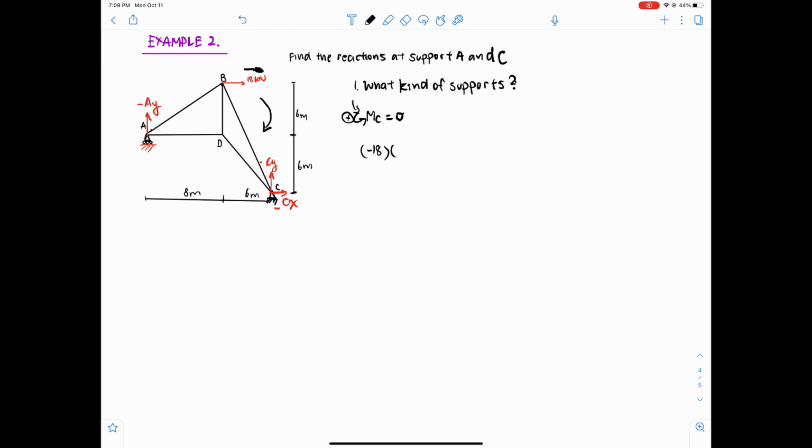So negative 18 times 12, right? That is the moment caused by this 18 kilonewtons. All right, now this AY, sorry, that dash might have been confusing as a negative, but this AY is also spinning the system this way. If you just imagine the support wasn't there and you just pulled the entire truss, it would just spin clockwise, right?